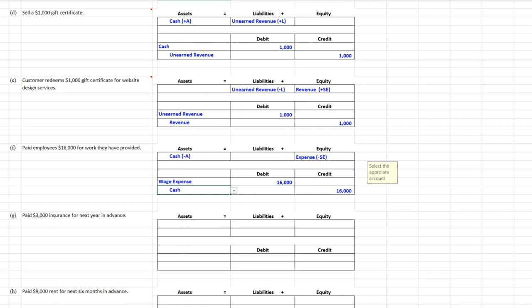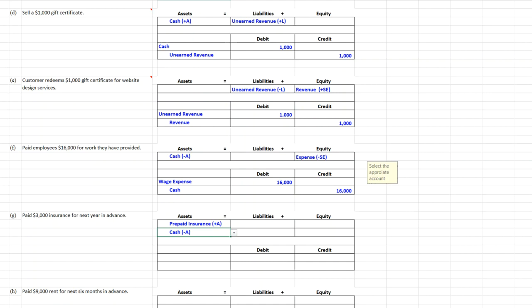All right, item G, we're paying for $3,000 of insurance in advance for next year. Again, we are paying, so we're going to have a decrease in cash, and we're having an increase in an asset called prepaid insurance. Remember our matching principle. We're paying for insurance in advance for next year.